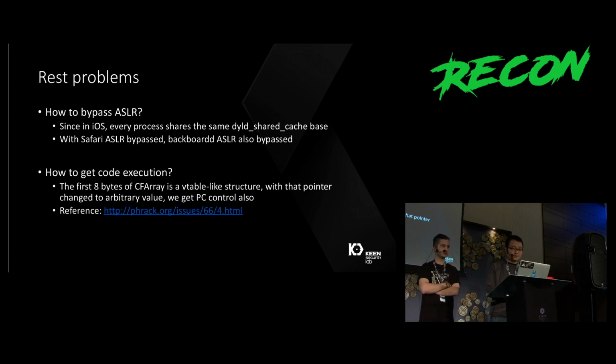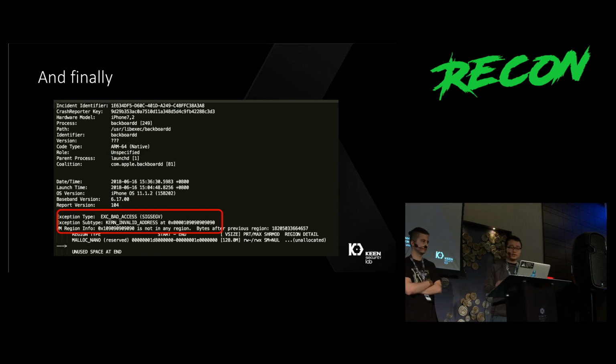There is a Phrack magazine article showing this, and if you are interested, you can refer to it. And finally, we can see we triggered a crash, and we have one register controlled to 0x1990, which means that by proper ROP, we can get code execution very stably.